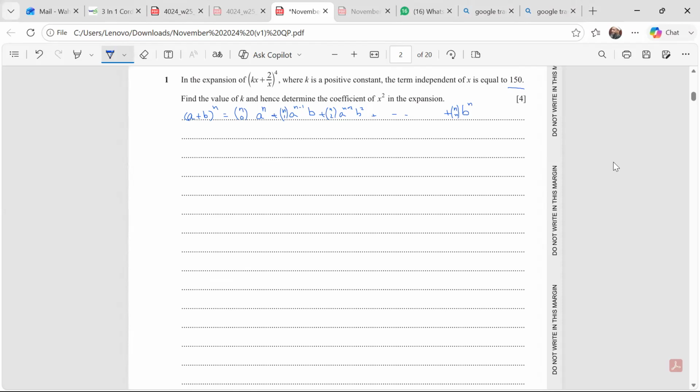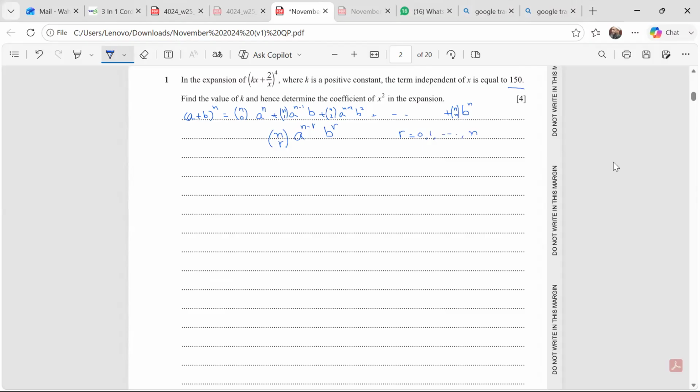So all of these terms, the general way to write this term is n combination r, a^(n-r), and b^r, where r goes from 0, 1 up till n. So when r was 0, I'm talking about this term. When r is 1, I'm talking about this term, and so on.